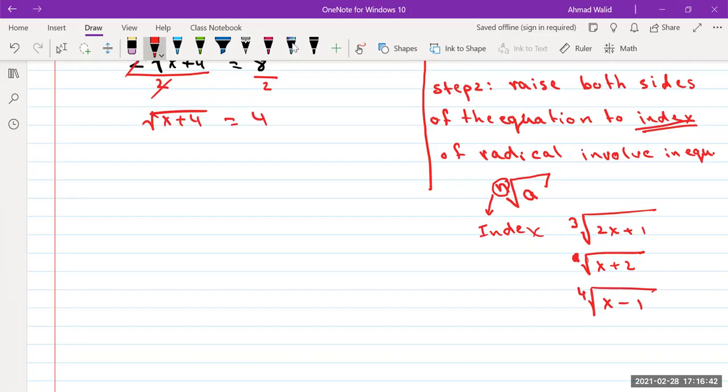Now, in step 2, it tells you raise both sides to the index. If you focus here on this example, square root of x plus 4, what I do in step 2, I'll raise both sides to the power of 2 because my index is 2. Correct?